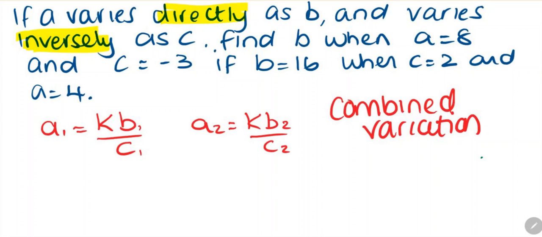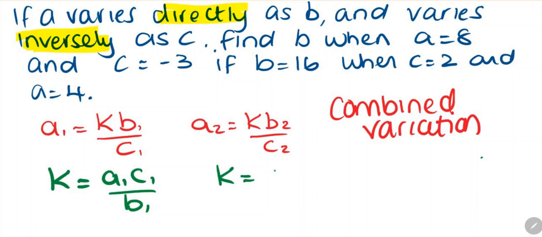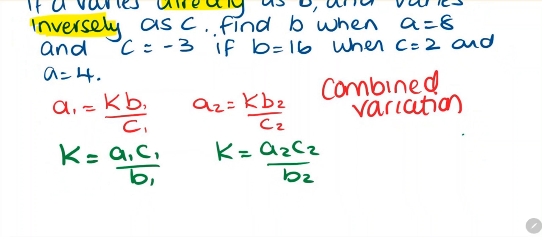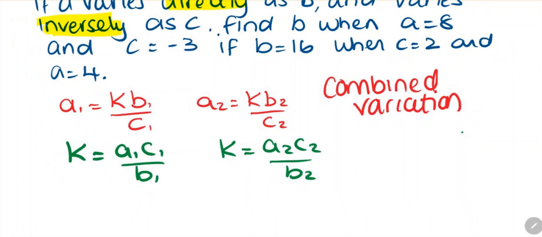So we're going to rearrange for k. k is going to be a1 multiplied by c1 divided by b1. And over here, k is also going to be a2 c2 divided by b2. Because they're both the same, we can make these equations equal each other.